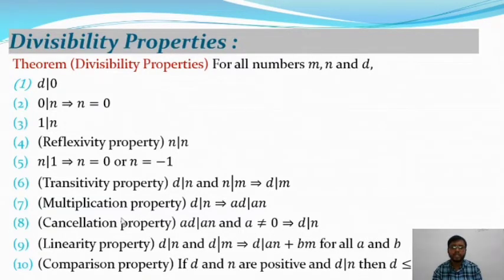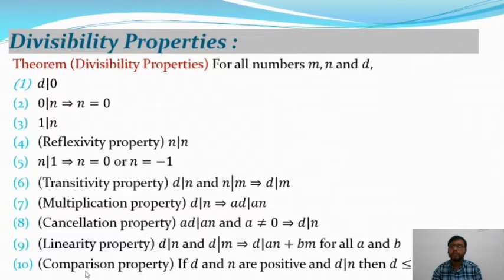And after that we are talking about the linearity property: d divides n and d divides m, where m and n are numbers, and this implies d divides an plus bm for all a and b.